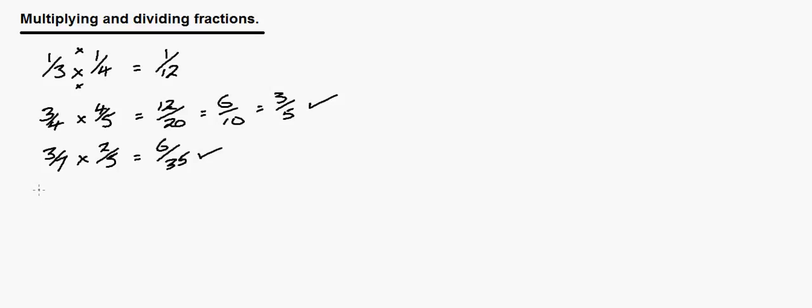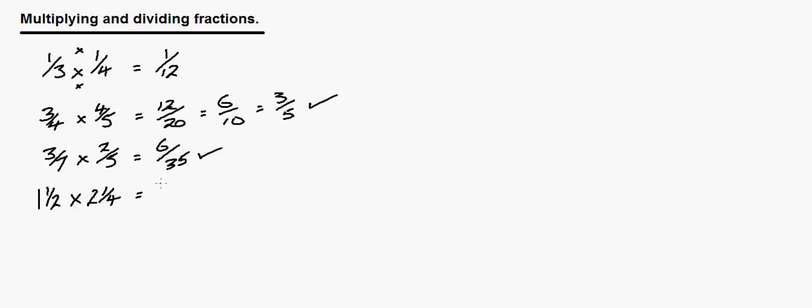So let's say we've got 1 1/2 multiplied by 2 1/4. Okay, that looks fairly horrific. Now, what we need to do is change these to what we call an improper fraction.